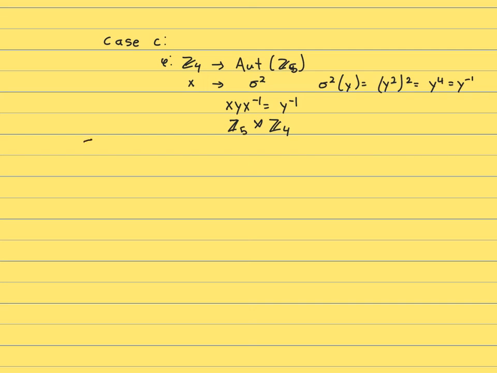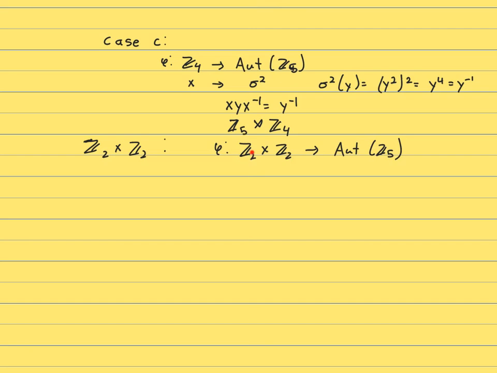All right, so now we need to take the case where we're working with Z2 times Z2. Again, we're looking for homomorphisms from Z2 times Z2 into the automorphism group of Z5. Well, now we can't send anything to the generator of order 4 in the automorphism group because it has order 4.